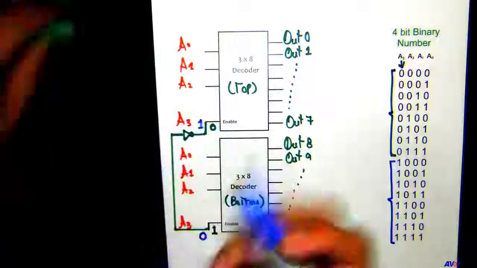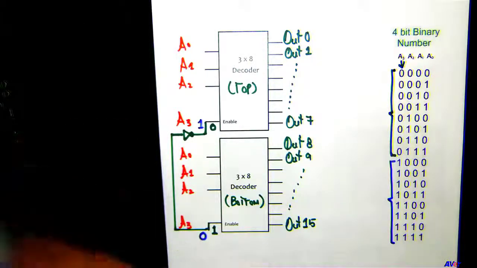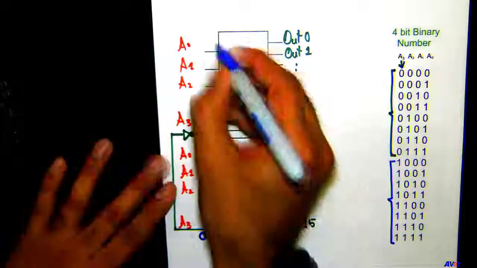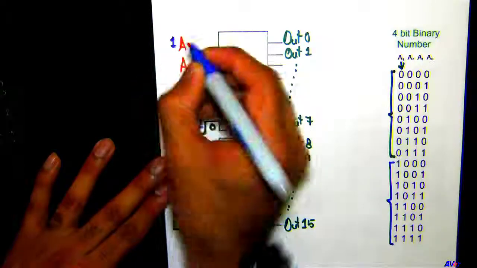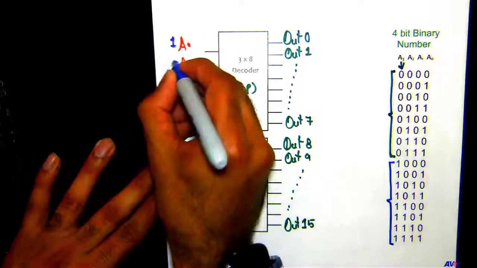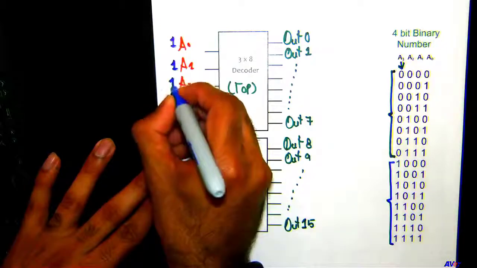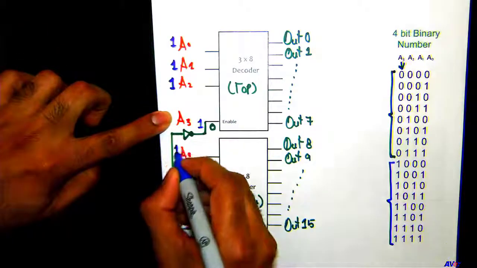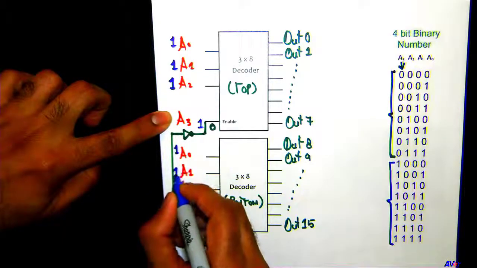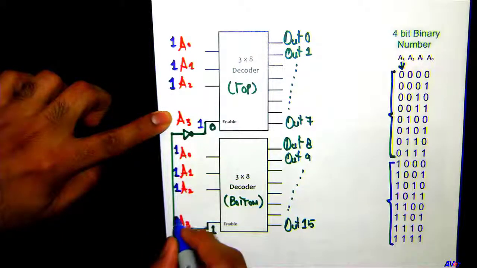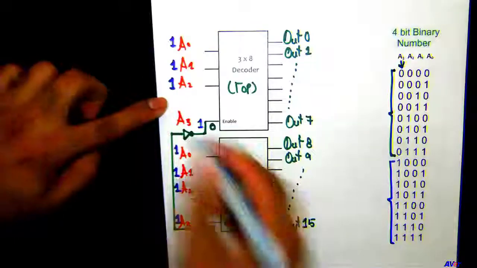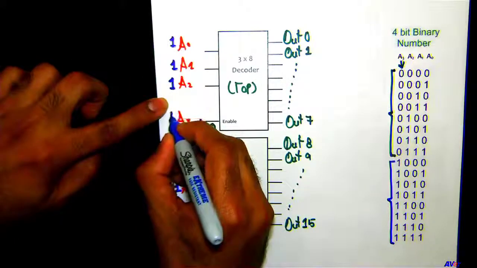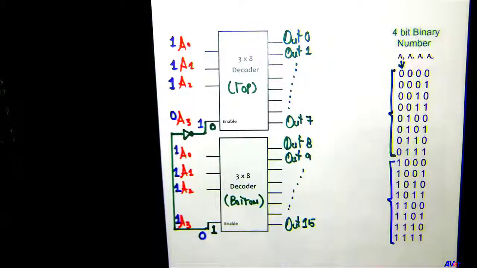So let's try one combination here. Say you have A0 is 1, A1 is 1, A2 is 1, and A3 is 1 also. So this A3 will be what? 0 here, right?